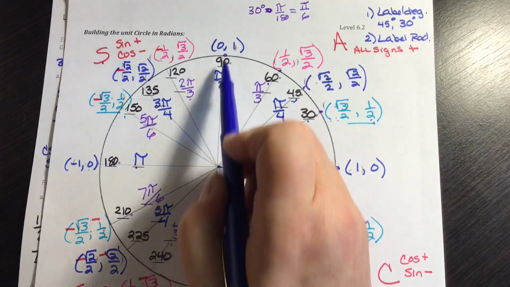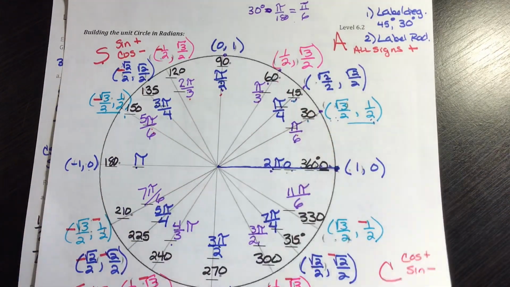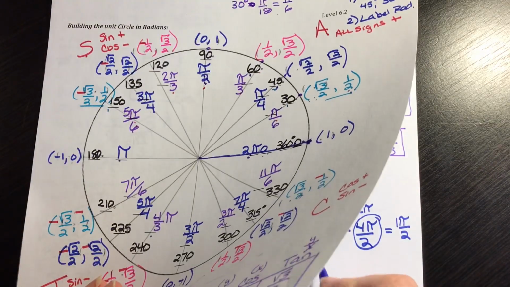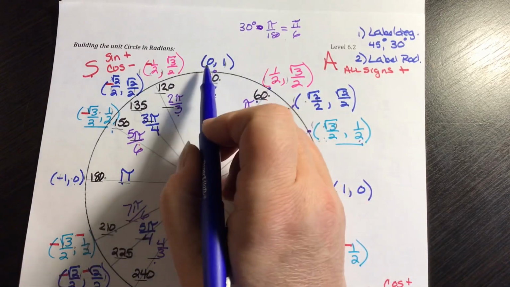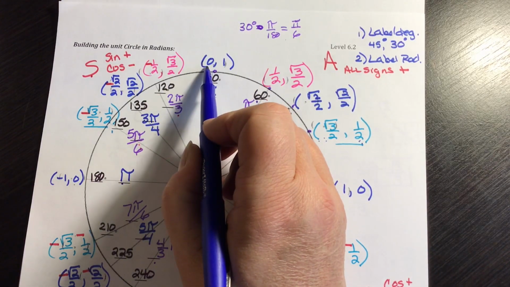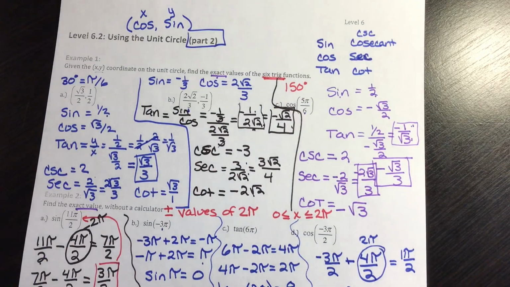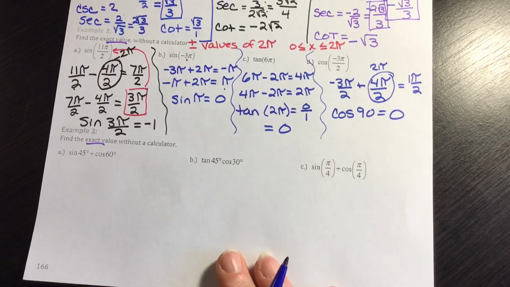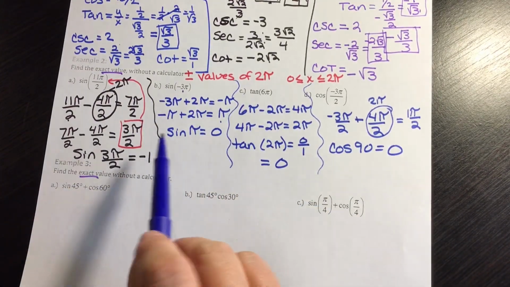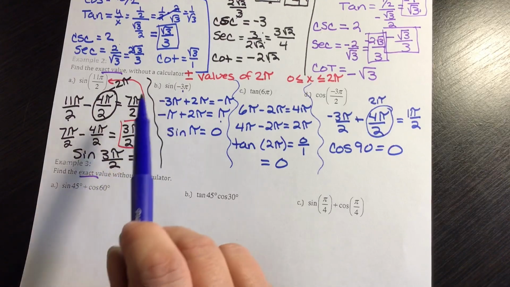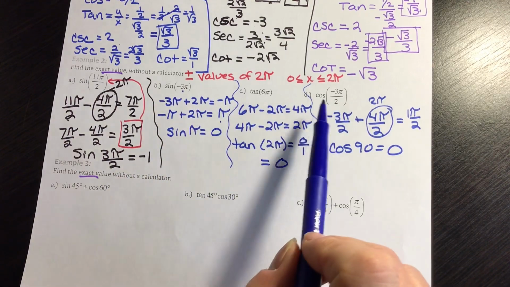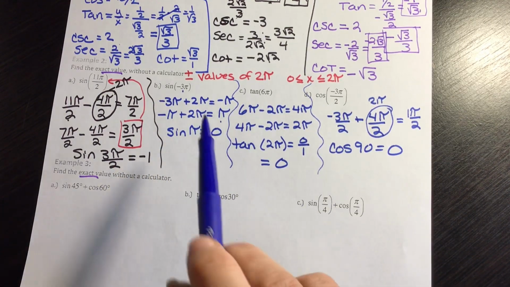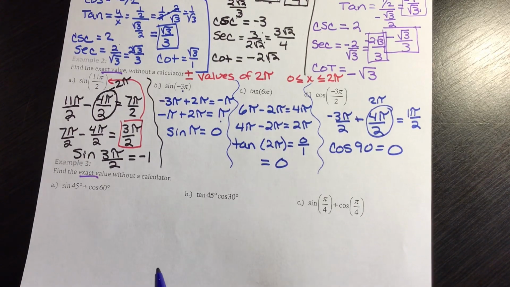Pi over 2 is the same thing as 90 degrees. I'm looking for cosine, so I have cosine of 90 degrees, and that value is the x-coordinate, which is 0. So here we just have to make sure that the angle we're looking for is on the unit circle, and if it is not, then we add or subtract values of 2 pi to find a similar angle that is on the circle.